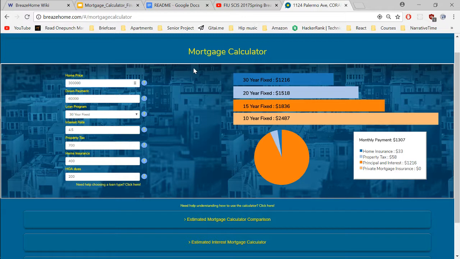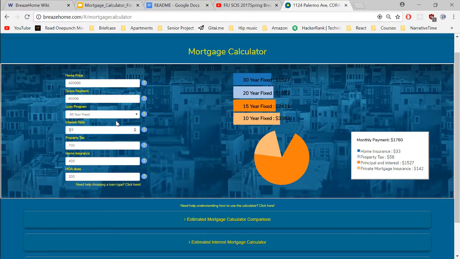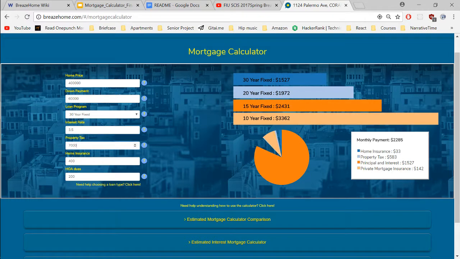So if, for example, our home price goes from $300,000 to $400,000, our tool is going to take notice and it's going to change adequately. If we want to change our interest rate, something like 3.5, maybe even increase our property taxes or our home insurance, our tool is going to take notice and act accordingly.